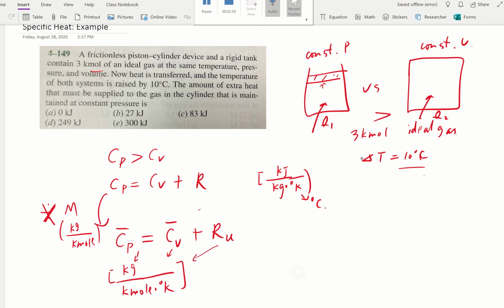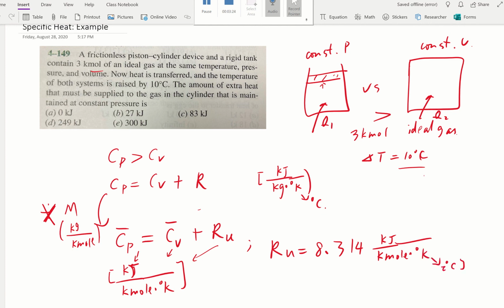And we know Ru, being the universal gas constant, is equal to 8.314 kilojoule per kilomole per Kelvin, or per degree Celsius, that's the same.